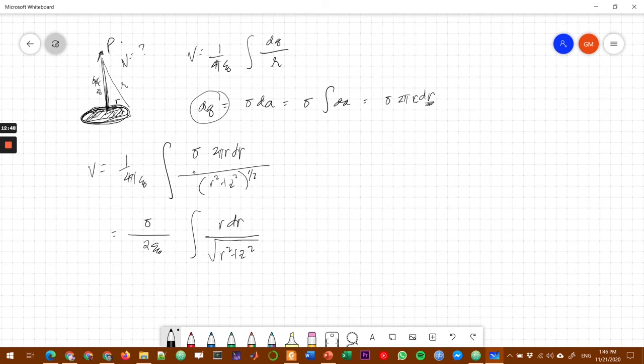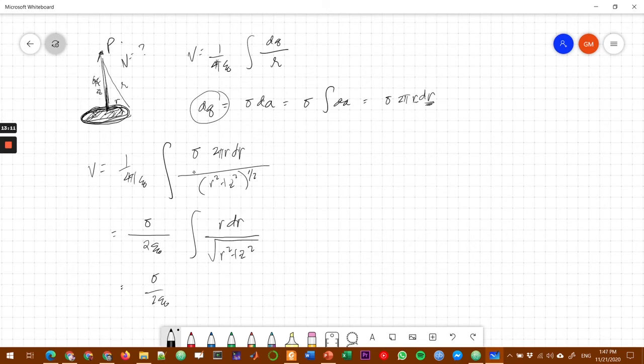There could be various ways to integrate this one. You can review your calculus. You can let u be the expression, then you have your du. You can use that style. Anyway, you check the result on your paper, you calculate it.